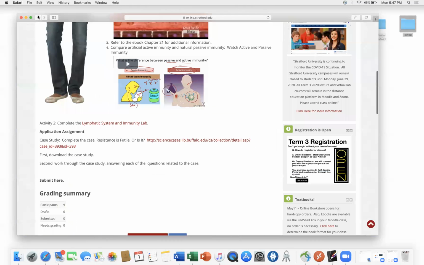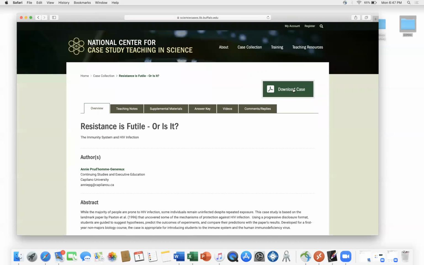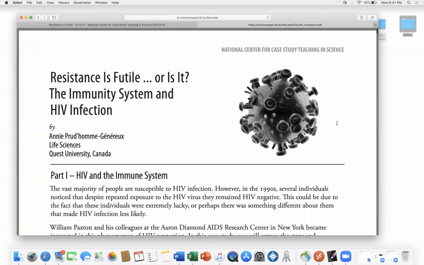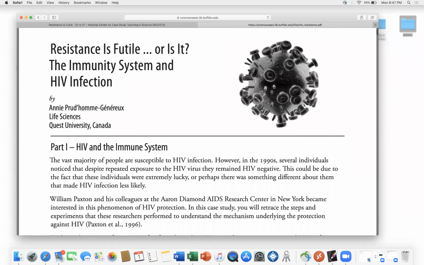Let's go back. We're in lesson 2, here in the application assignment, so you don't need to do the lab. Every week there are application assignments for the lessons. You click on this, download the case, read the case, and then answer the questions.